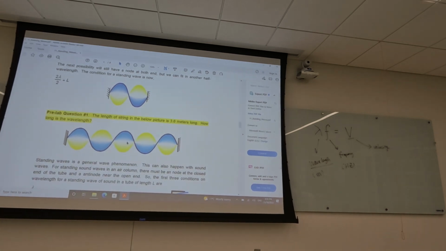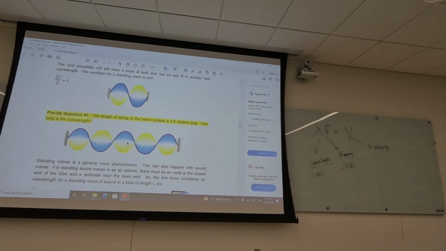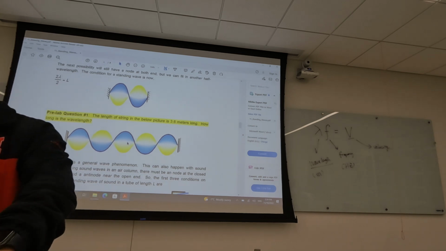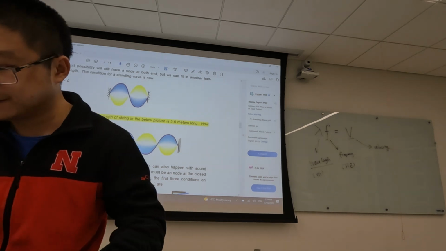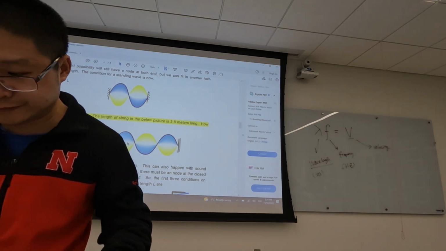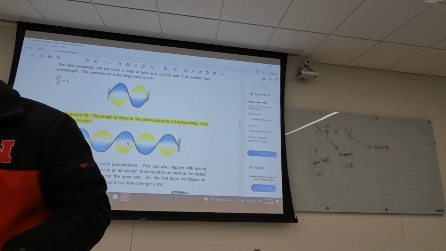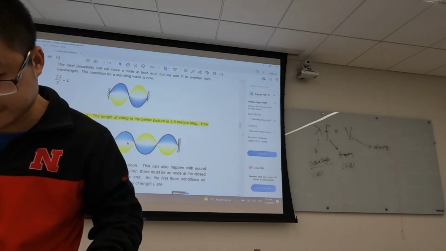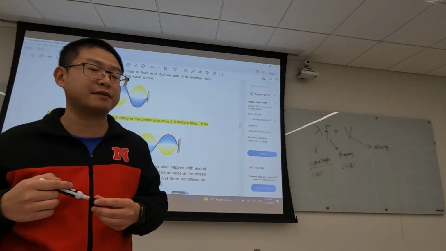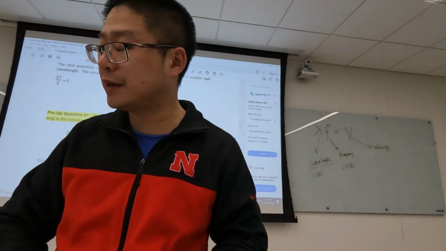So 2.5 lambda equals 3.6 meters. Then you can calculate lambda, 3.6 over 2.5. What did you get? It's 1.44 meters. That's the lambda. This is the answer for pre-lab question 1.